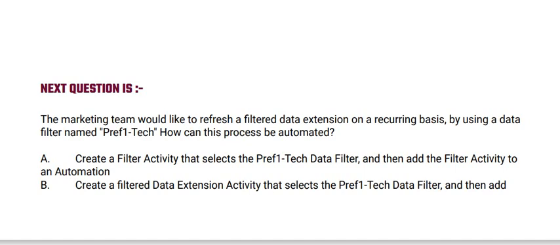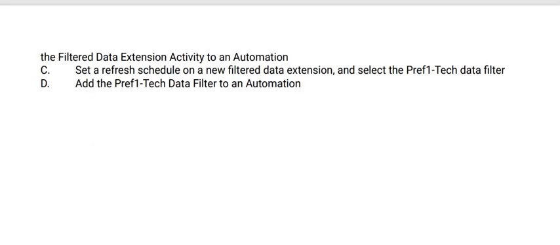Options are option A, create a filter activity that selects the Pref1 Tech data filter and then add the filter activity to an automation. Option B, create a filtered data extension activity that selects the Pref1 Tech data filter and then add the filtered data extension activity to an automation.